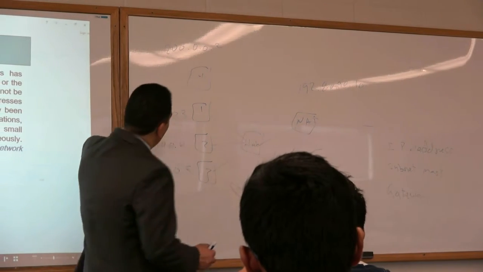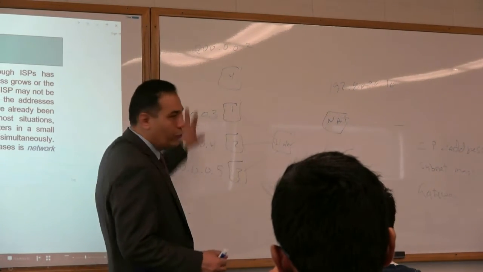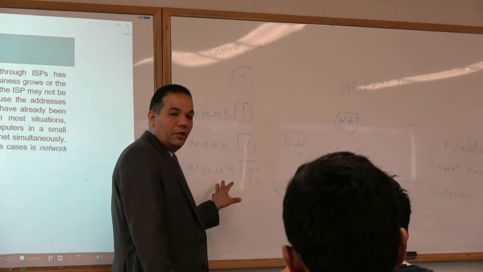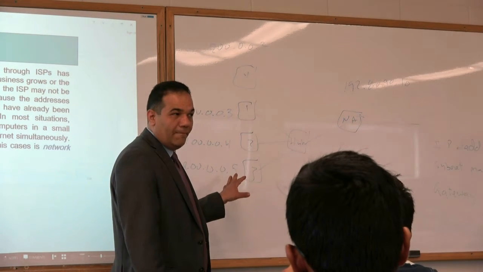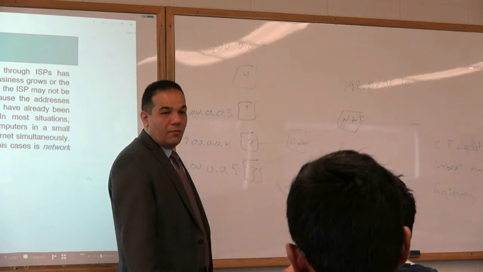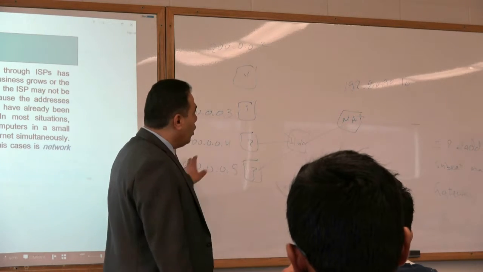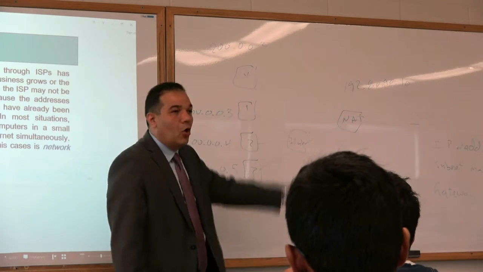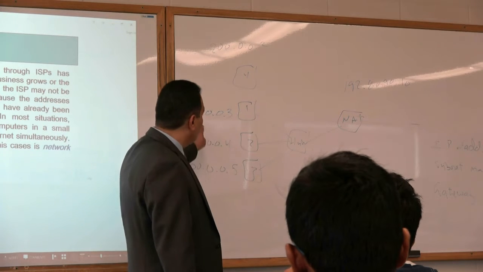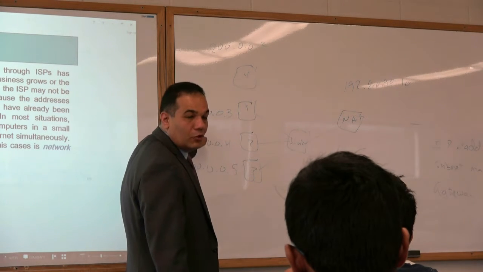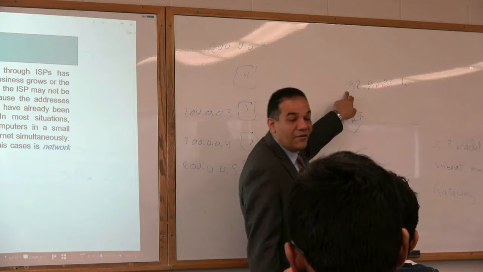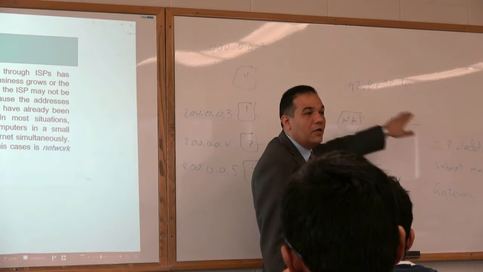So when these computers, 200.0.0.2, 3, 4, like in my example, communicate internally, there's no problem. But when they need to communicate with the outside, they have to replace the source address with the real address when sending the packet.